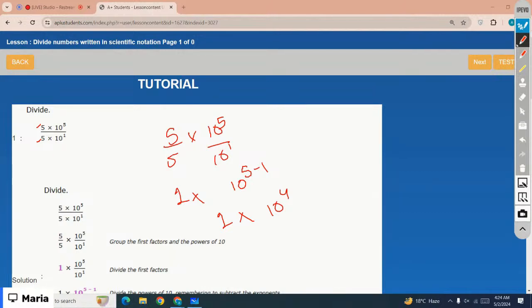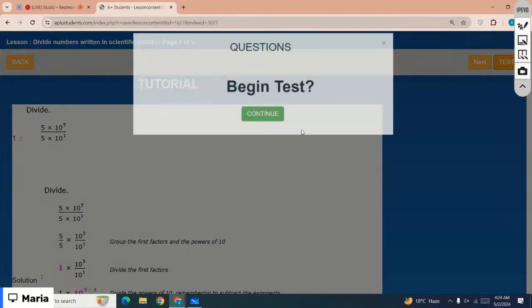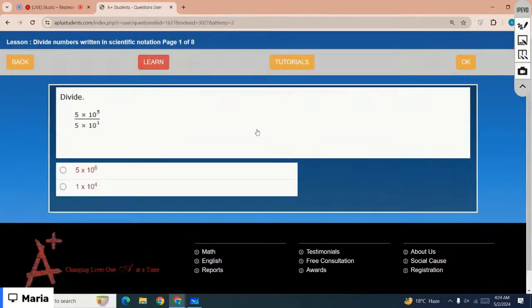Okay, let's just start with the next lesson. Practice questions. Okay, that is exactly the one: 5 times 10 exponent 5 divided by 5 times 10 exponent 1. So which is the correct option?